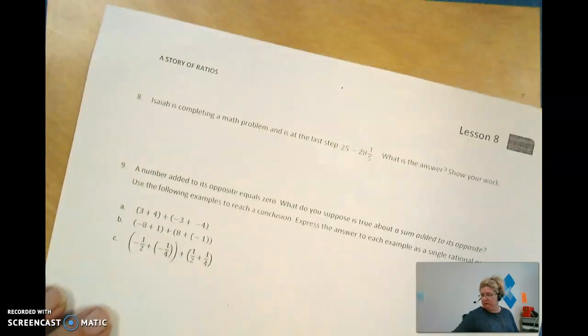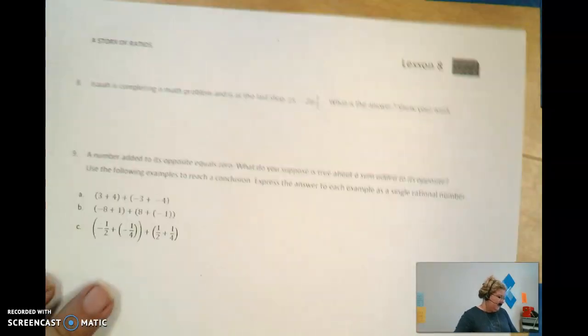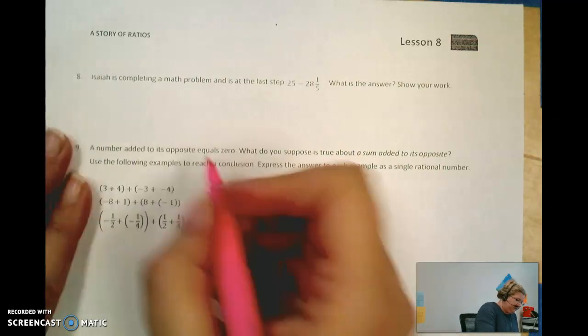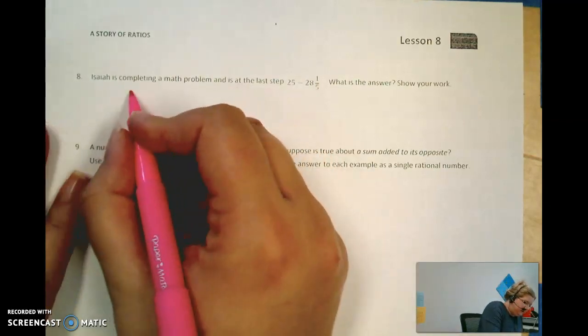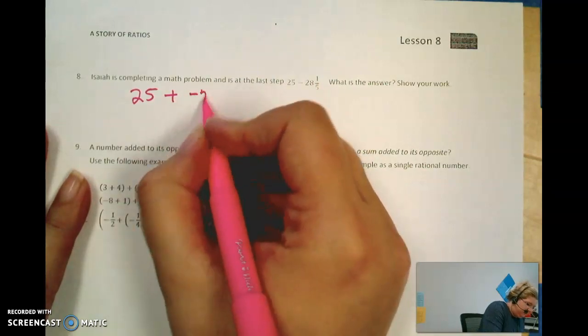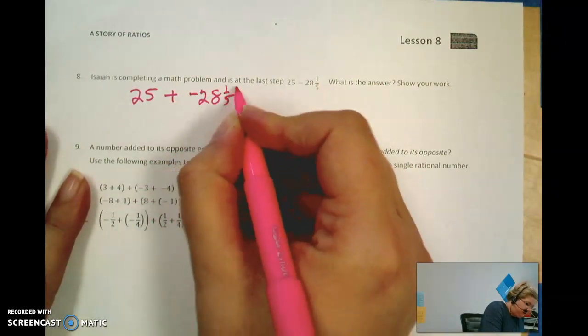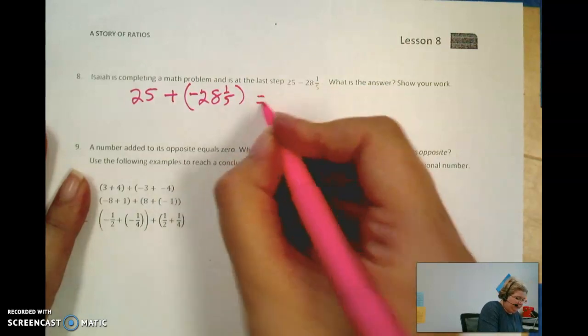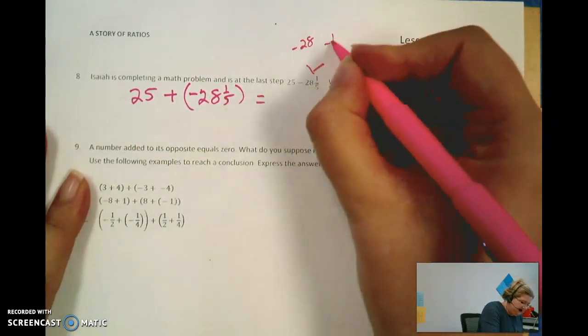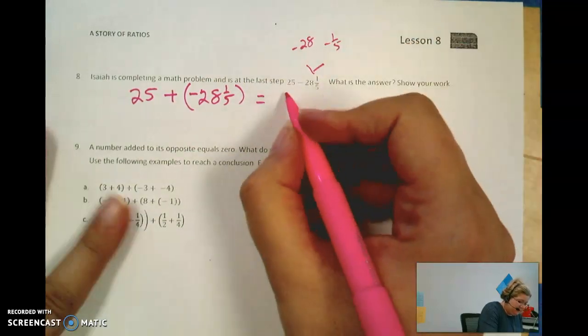All right, moving on. Isaiah is completing a math problem. He's at the last step. So what's the answer? Okay, so basically we have 25 plus negative 28 1/5. I'm going to decompose this into negative 28 and negative 1/5 because it's going to make it easier for me.